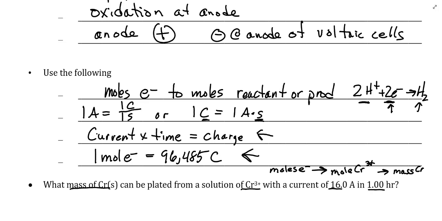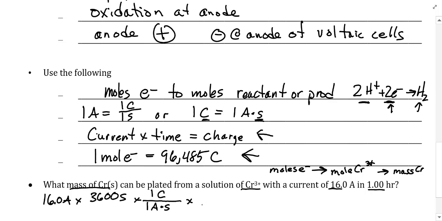Now the trick would just be to figure out how one could calculate moles of electrons from the information given. Is it possible to do that from the time and current information given? It sure is. We can start with the 16 amps of current, multiply it by the time in seconds, and then multiply by the relationship that 1 amp second is equal to 1 coulomb.